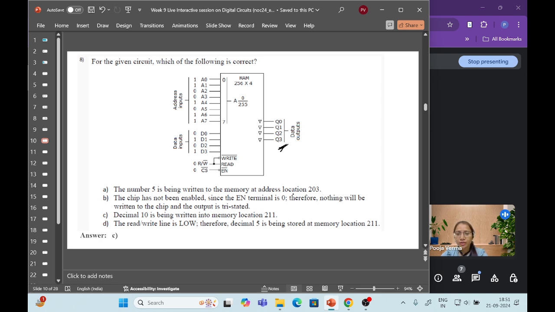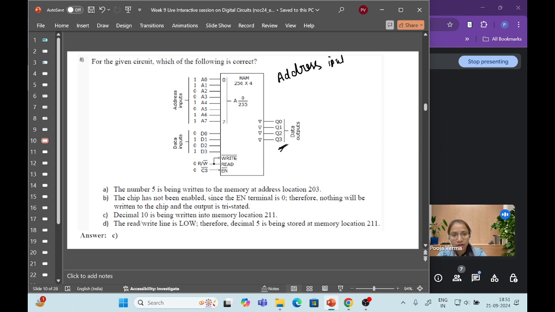Now first we need to find out what the address location will be. How can we find it out? First we need to check the address inputs.